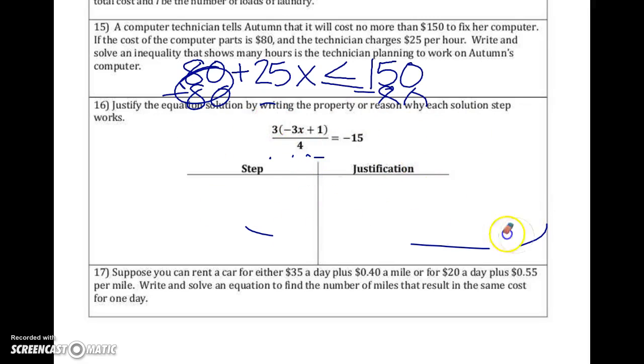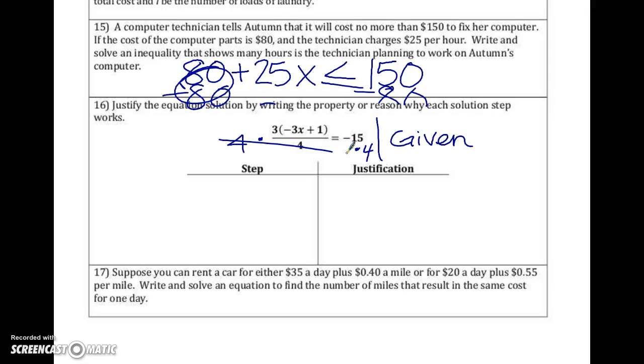Next one, we're going to solve and justify. When we justify, the first statement is the original equation given, and then the first step we would do is multiply by 4 on both sides.